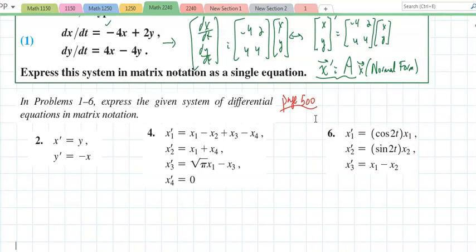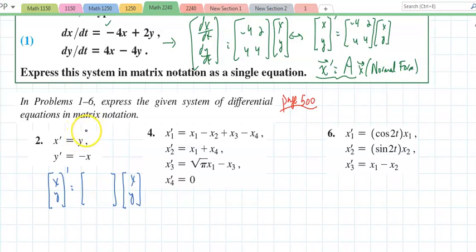Just matrix notation. Well, if I really want to write this, wouldn't you say this is x, y prime equals, and remember, we want to put x, y there. So how does that work?